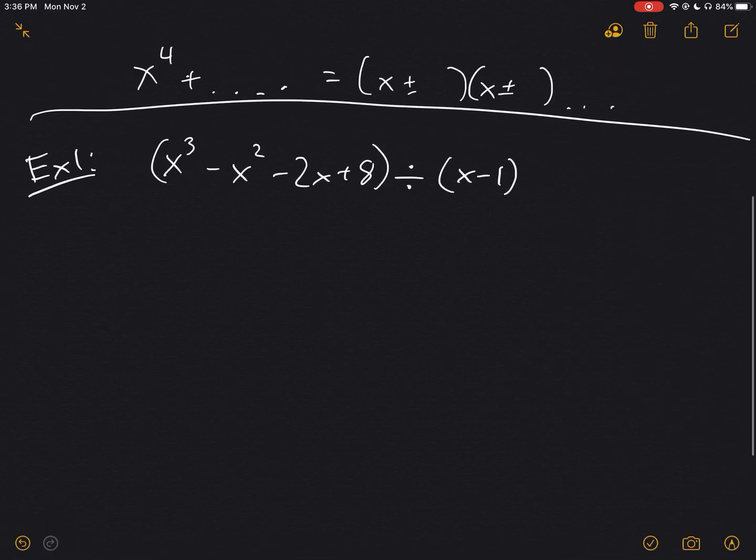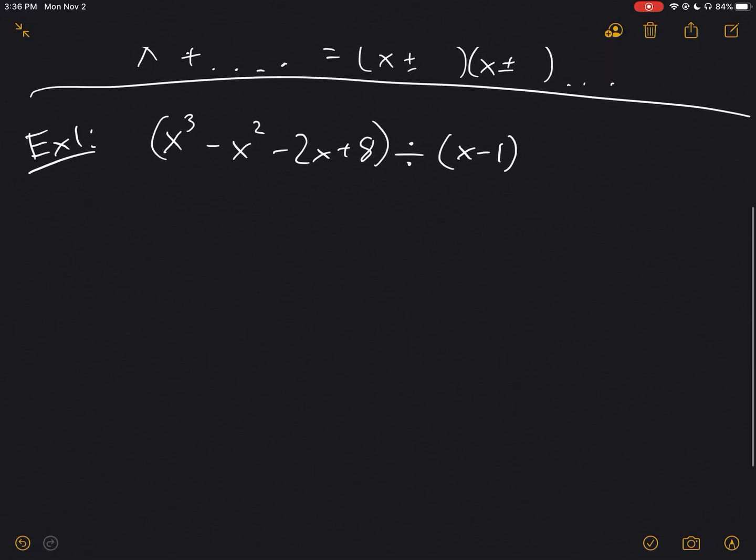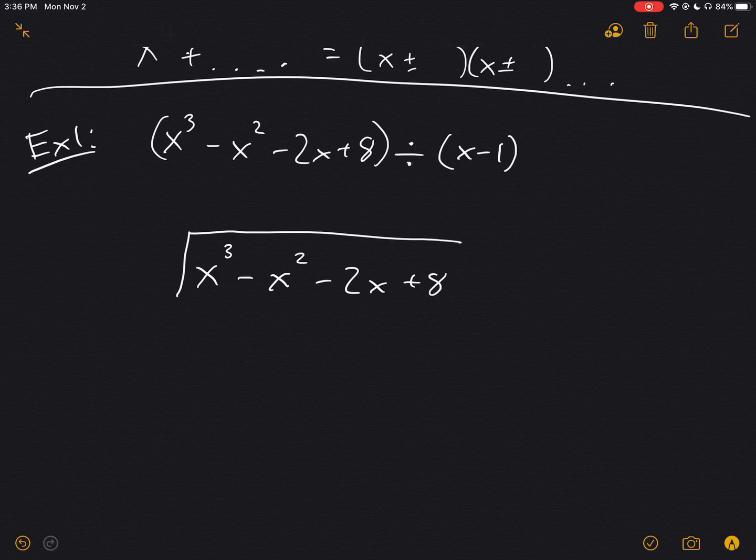We're going to write this as a long division problem, right? So I'm dividing by x minus 1. So like if I took 100 and divided it by 4, just like I previously did. So this is going to go inside and then dividing by x minus 1 out here, okay?